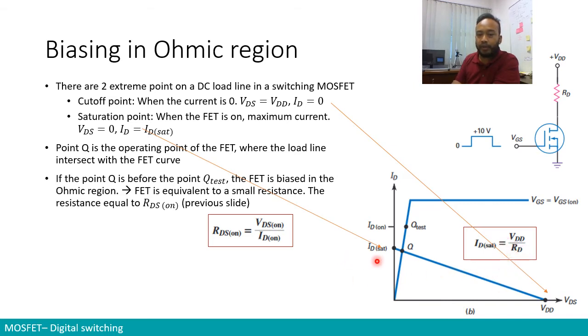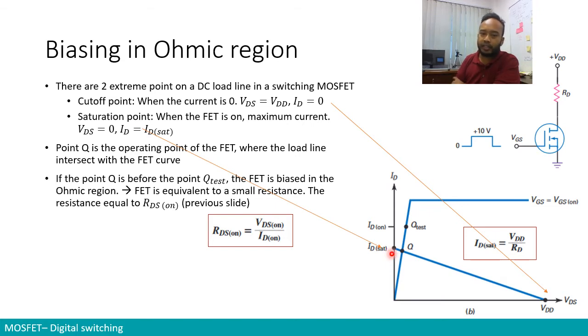So if the point Q, our operating point, is placed below the Q test, then we say that the FET is biased in ohmic region, right? Because remember just now that the Q test was found when VGS equals VGS on. If we are placed lower than the Q test, then we are operating in ohmic region.